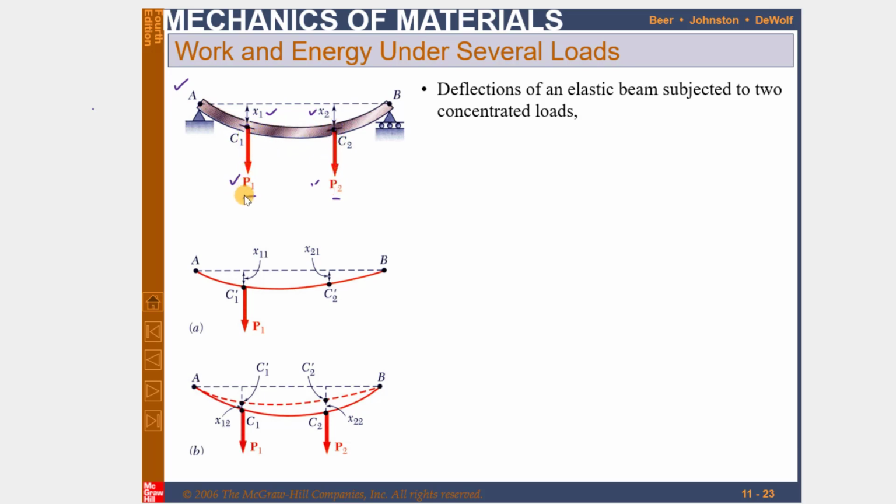Now the work done due to P1 at point C1, and the work done due to P2 at point C2, can be added to find the total work done. So the strain energy of the beam is equal to the work of P1 and P2 as they are slowly applied at C1 and C2.